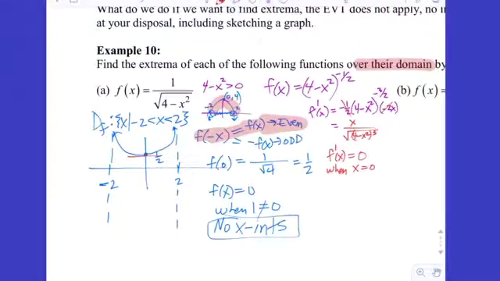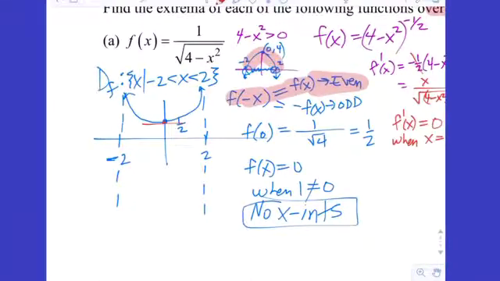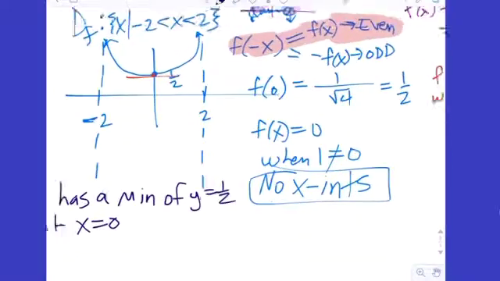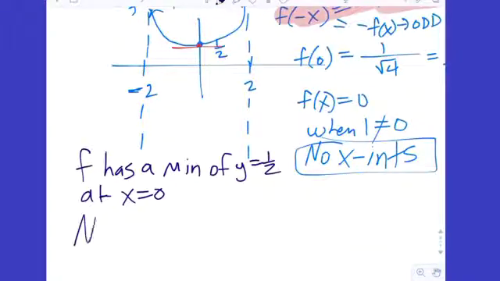So now, with all of that information at my disposal, I can now answer the question about extrema. F has a min, right? A minimum of what? Yeah, of 1/2, or y equals 1/2, if you want to do that, at x equals 0. Does it have a max? No, there's no max.